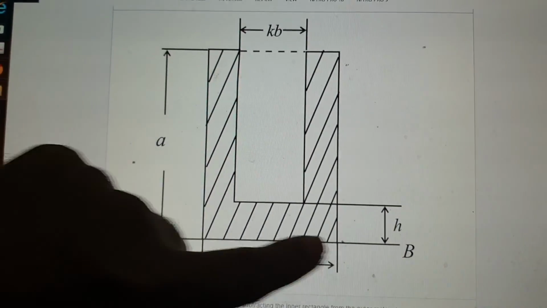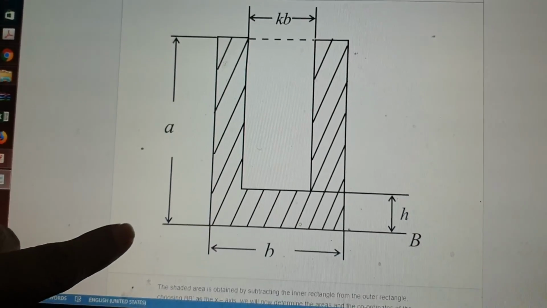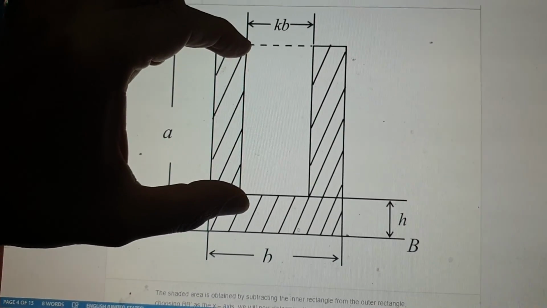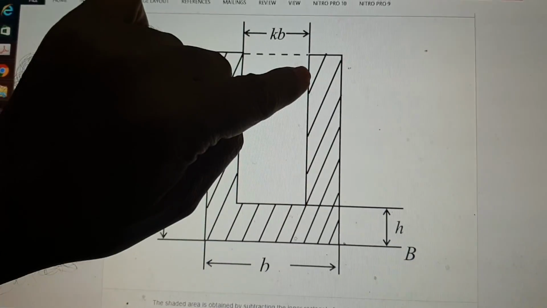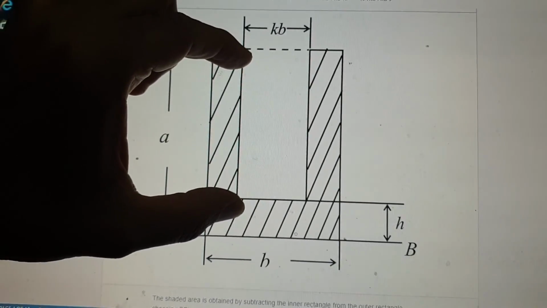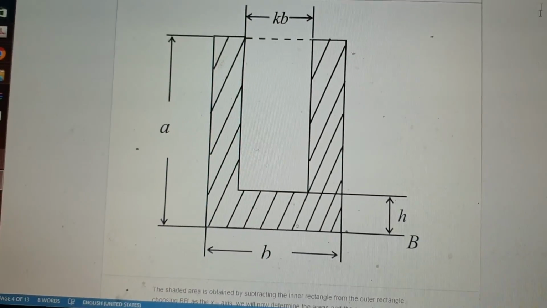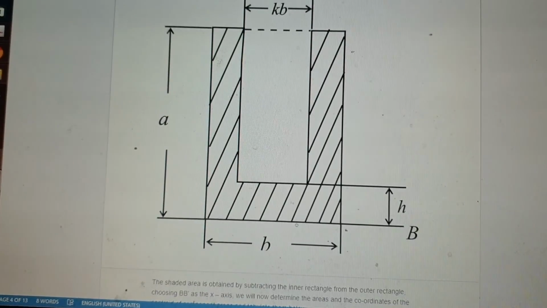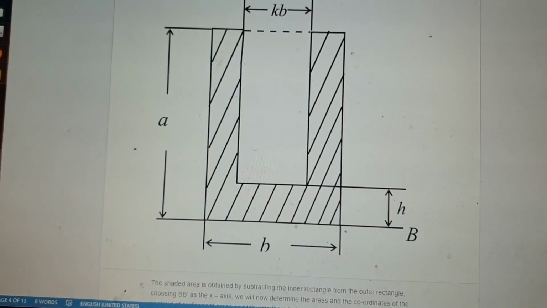We just put this one as the axis. So this is A minus H divided by 2, because this is the small inner rectangular, so we have the half of the rectangular, plus H. So A minus H divided by 2 plus H. So we're going to do it like this.